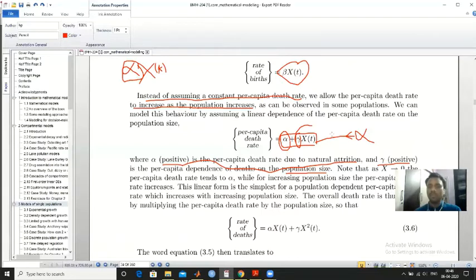That's clear. And you can check if x goes to 0, if x is small, then the death rate will be equal to alpha, the same as the previous case.